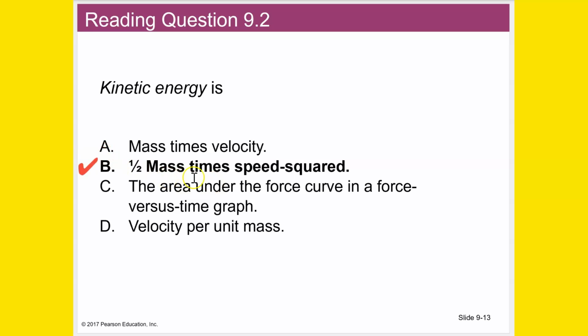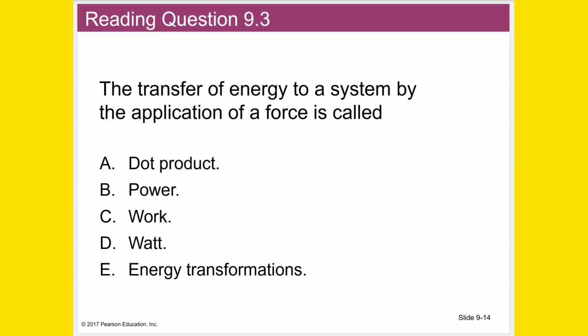All right, so in other words, the energy of movement depends on the mass of what is moving, and it also depends on how fast that mass is moving. In fact, it depends more on the speed than it does the mass, because the speed is squared, whereas the mass is not. But it depends on both.